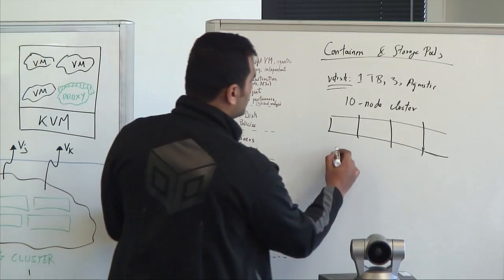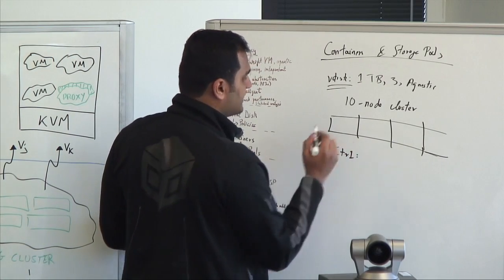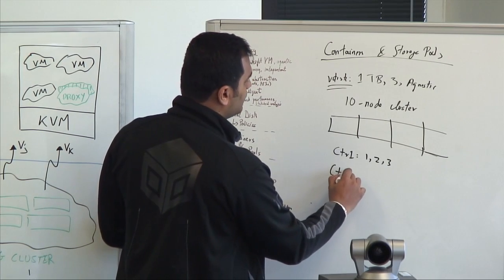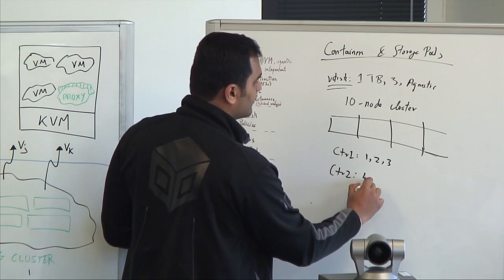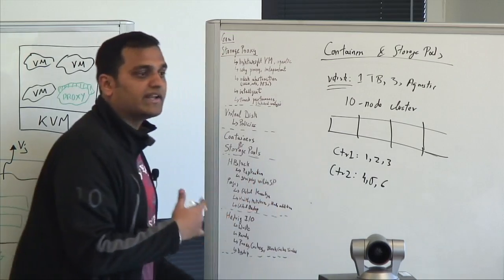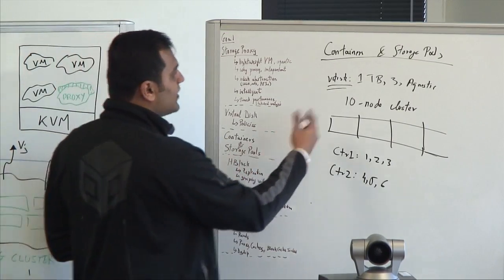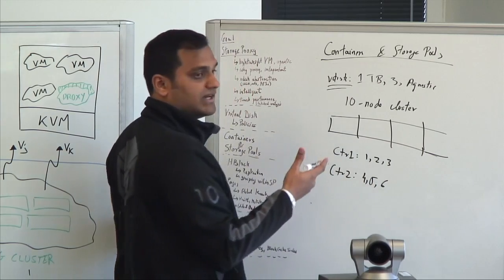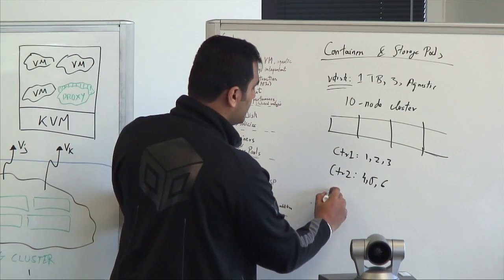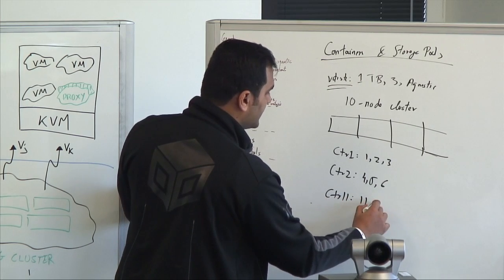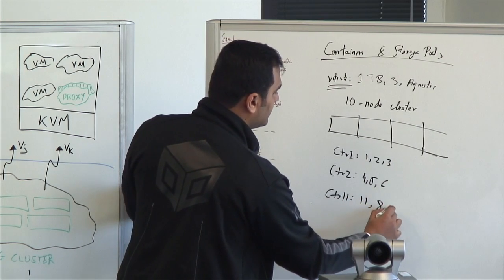For example, container 1 might be assigned nodes 1, 2, 3. Container 2 might be assigned nodes 4, 5, 6, and so on. As the system sees fit, we'll assign replicas to the container. And say you add another node and there is no replica set assigned for, say, container 11, it will assign it to the new node that you added and some other nodes.